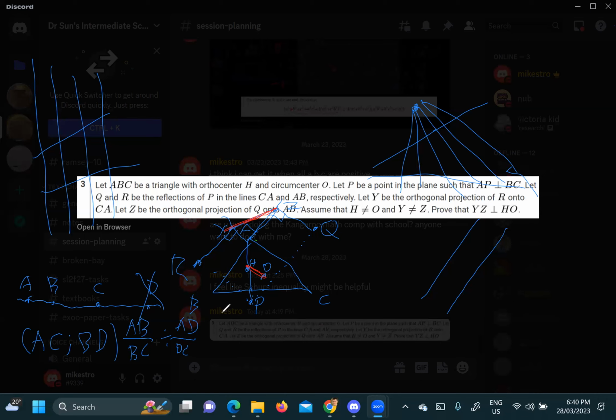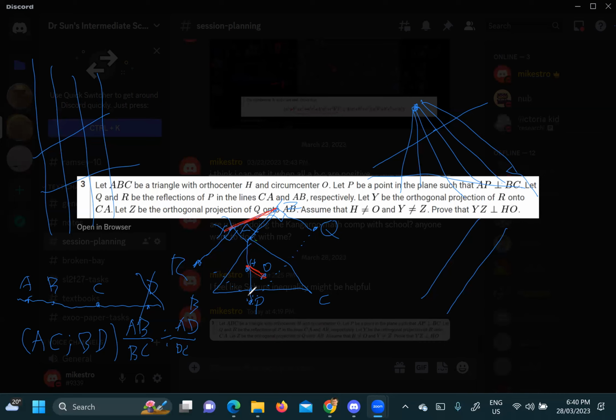So the cool thing about this is the method of moving points. Once you have these 2 points that depend on P being projective transformations of P, you can pick 3 nice places for P to be, and then prove that the property is true for Y and Z in those 3 cases.